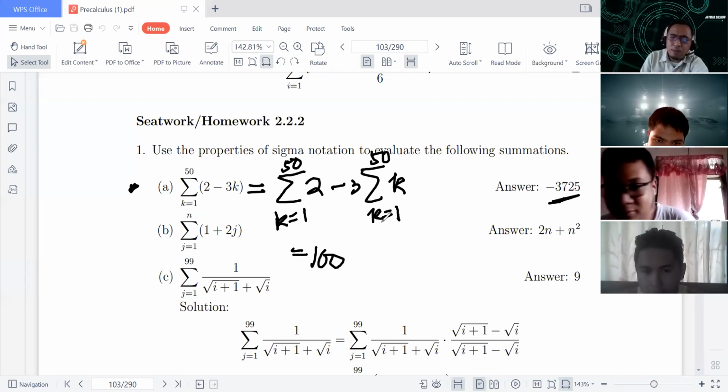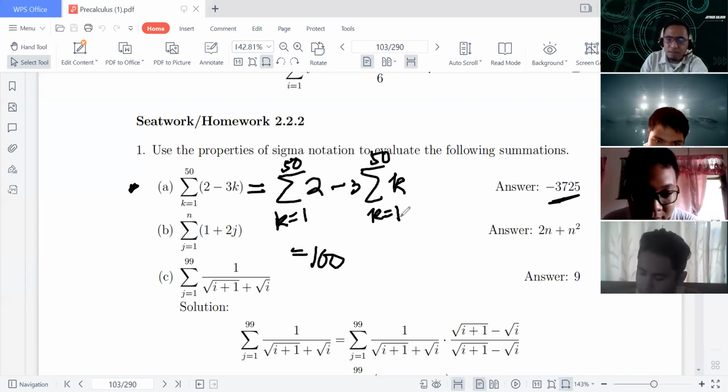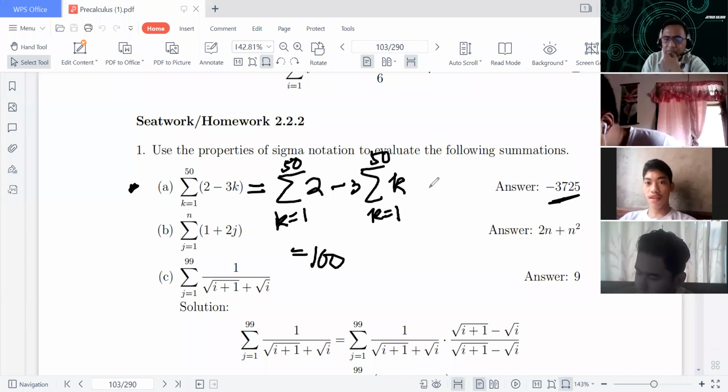How about this portion? N times N plus 1 over 2. Very good.